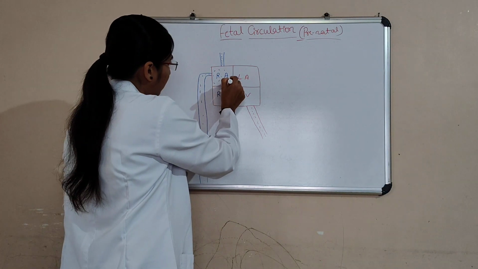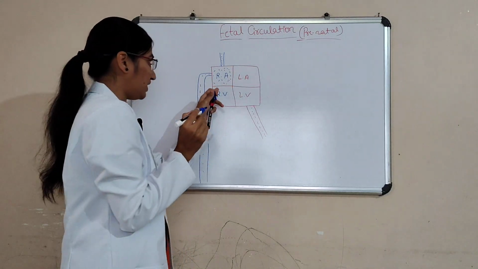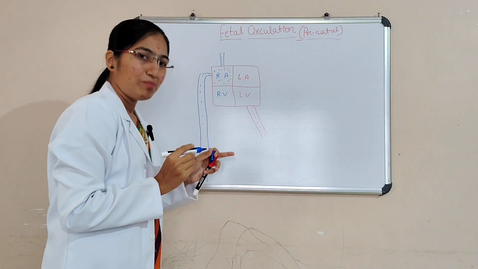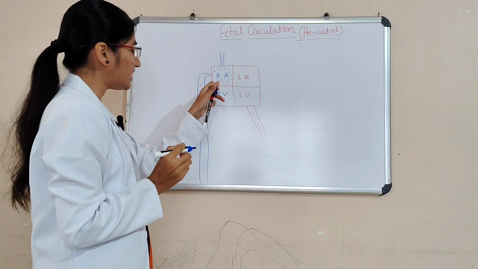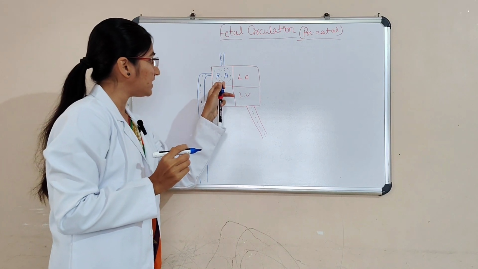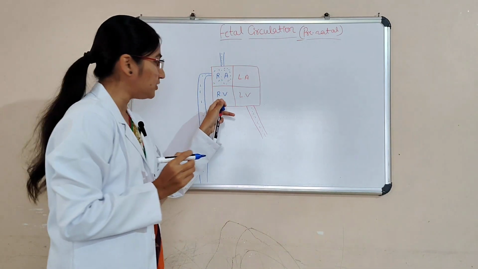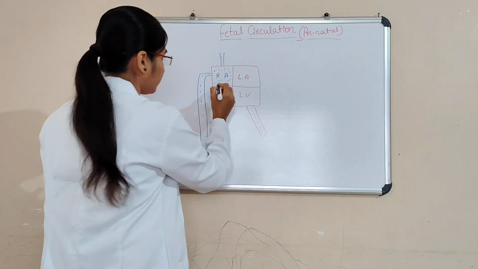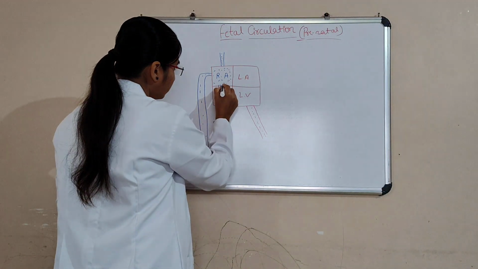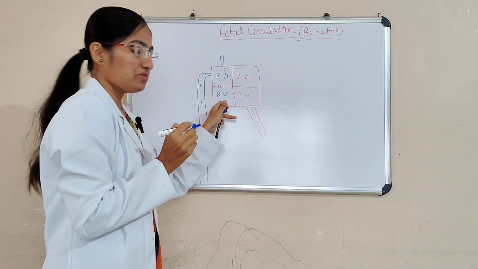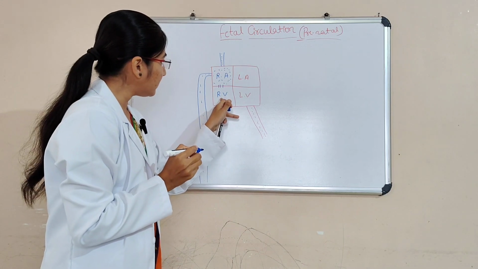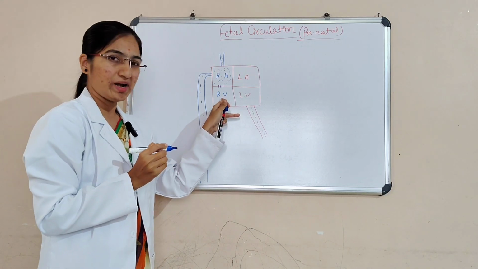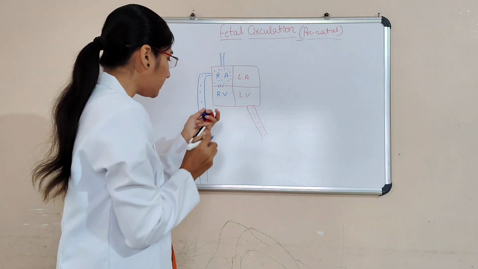Then this right atrium deoxygenated blood enters the right ventricle through the tricuspid valve.